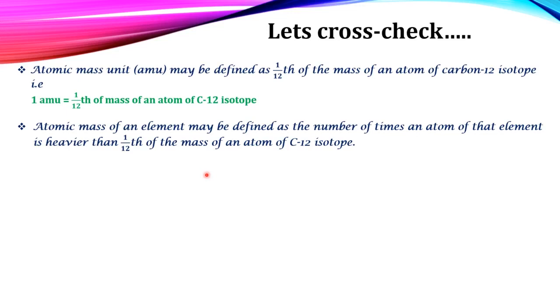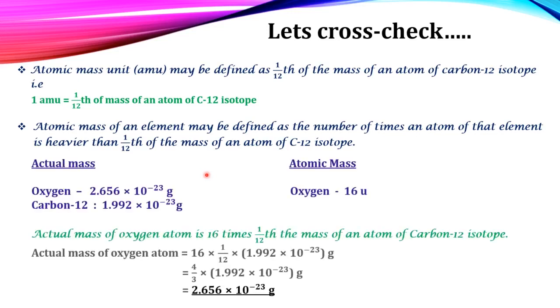So let's cross check how this is valid. If we consider the masses in grams, these are the masses of an oxygen atom and a carbon 12 isotope, I mean one particular atom for that element.